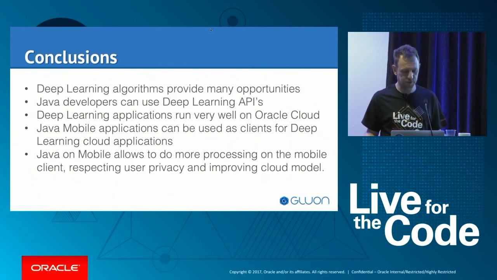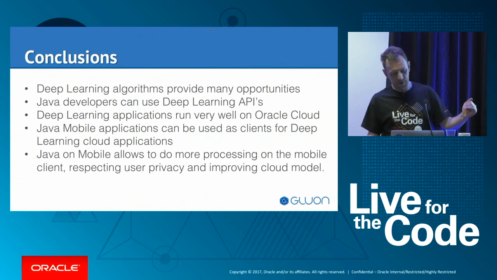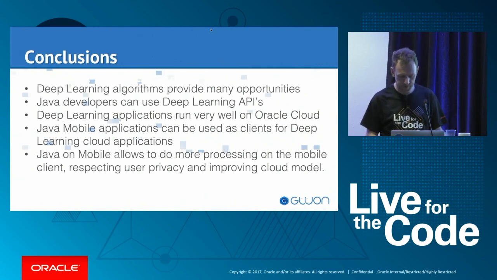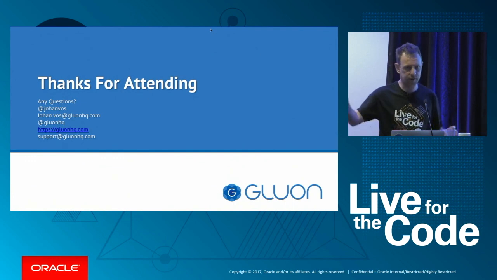You can leverage the power of the mobile device to guarantee the privacy of your users by not sending the raw data, increase the security by not calling an endpoint directly, and still improve the cloud model by sending the information back to the cloud. So that's in a nutshell some end-to-end deep learning, Java mobile, Java cloud.